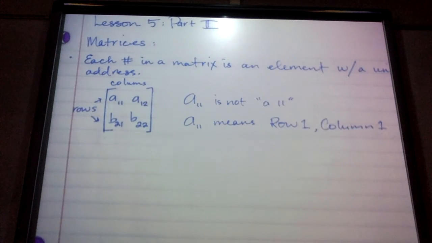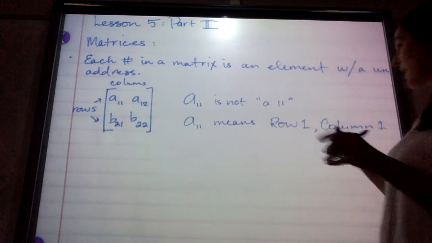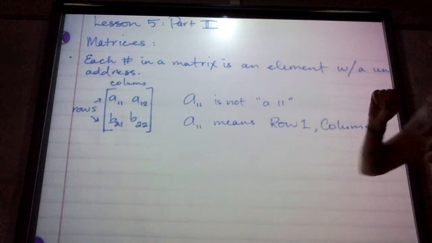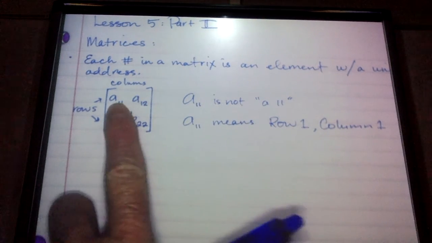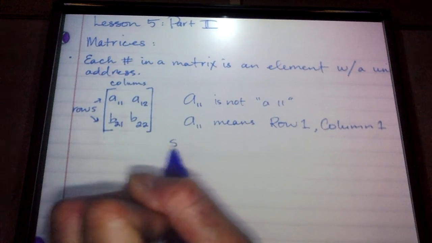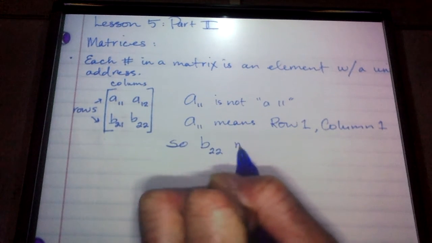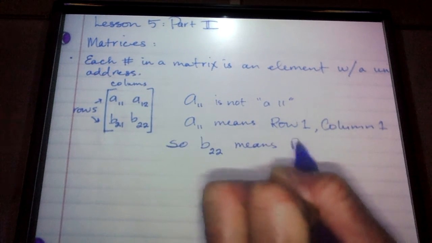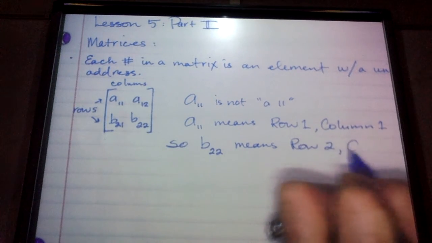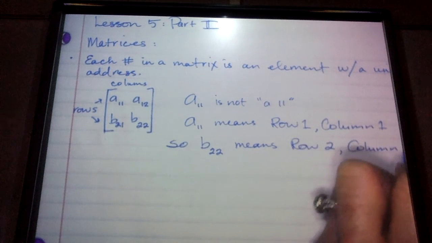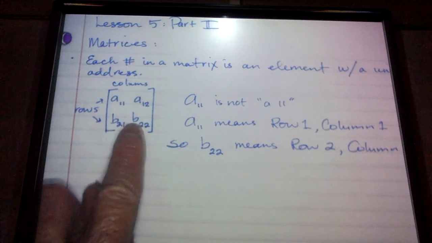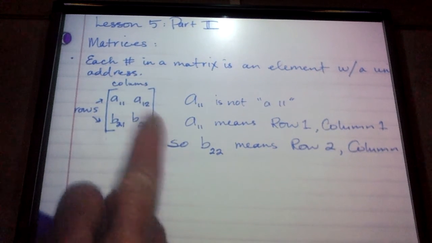So A subscript 11 really means look at the element in row 1, column 1, so it's referring to the top left. B22 means row 2, column 2. It would refer to the second row and the second column, the item here.